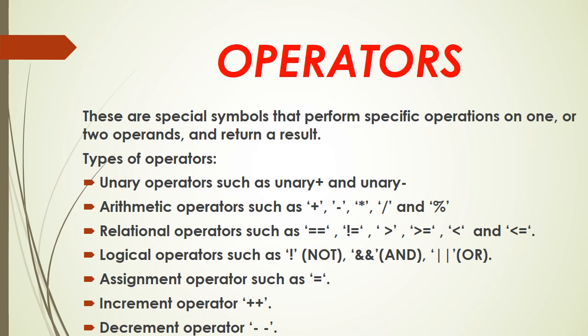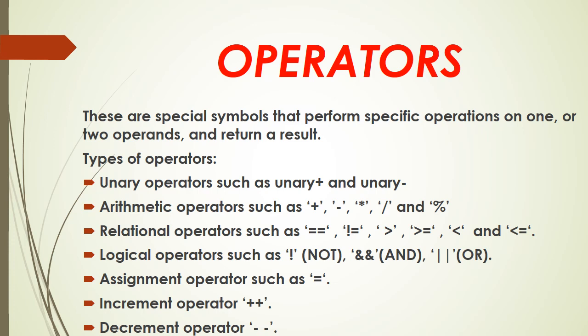Multiplication we represent by the asterisk sign. Division we perform by the slash sign. And modulus looks like the percentage sign, by which we get the remainder value after the division.